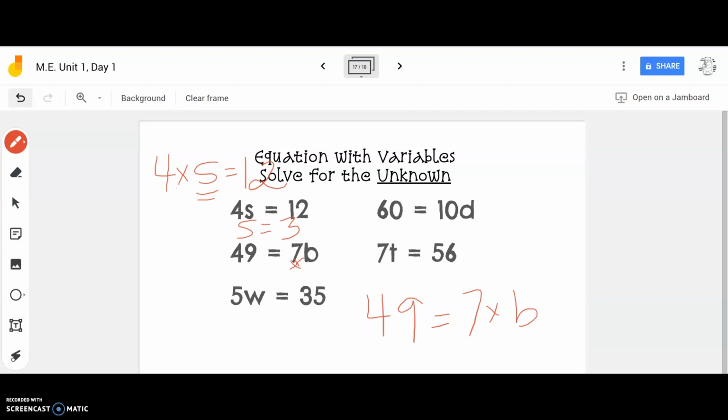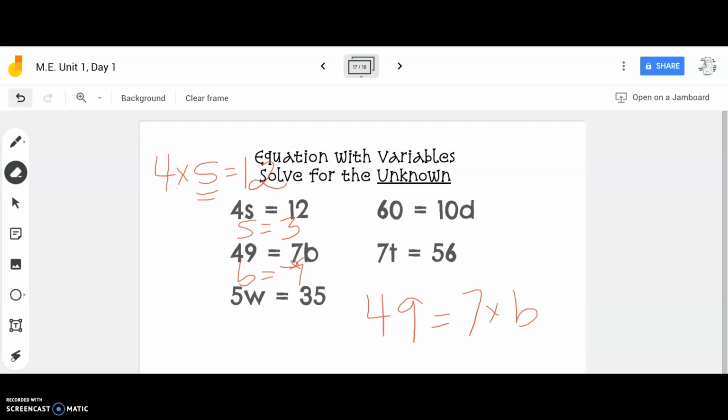So 7, how many 7s? 7 times what is 49? 7, 14, 21, 28, 35, 42, 49. You guys can't see me, but I'm skip counting on my fingers. 7 times 7 equals 49. So B equals 7. B in this case could be bananas, butterflies, barbecues, bats. It could be many different things.